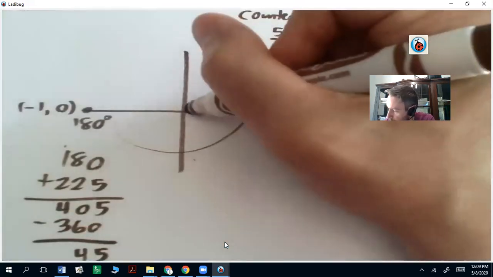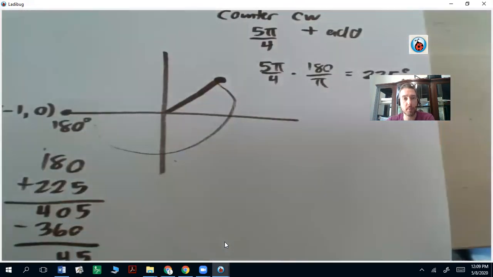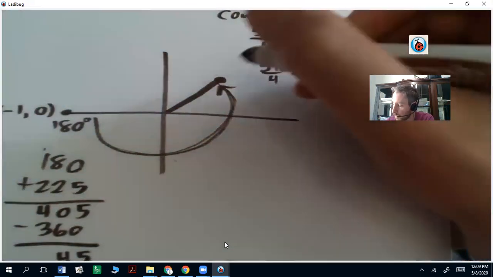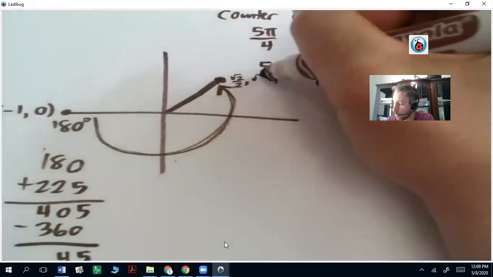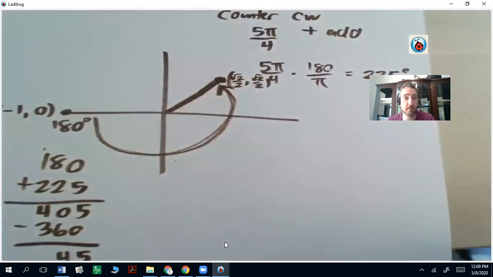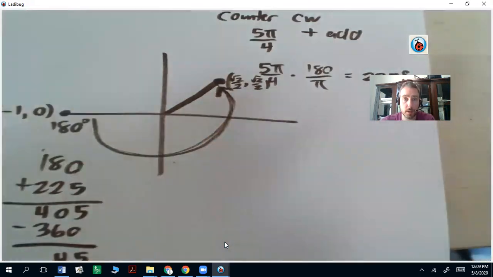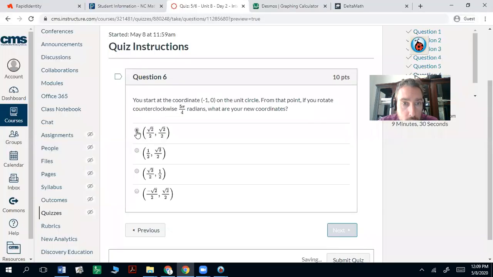So that's going to be right there in the middle, in quadrant 1, where everything is positive. So that's going to be the square root of 2 over 2, comma the square root of 2 over 2. When it's the ones that end in 5 degrees, it's always square root of 2 over 2, some combination of those two with negatives if it's in different quadrants. So that should be your answer for 6.